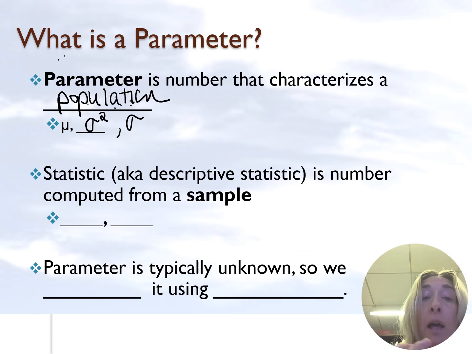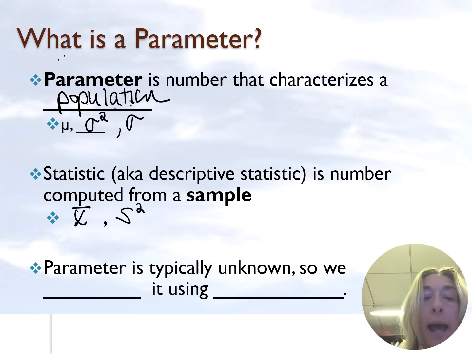Now that's as opposed to a statistic, also known as a descriptive statistic, which is a number that's computed or describes a sample of data out of a population. So for example, X bar, or the sample average, is a statistic, or S squared, or the sample variance, is a statistic.